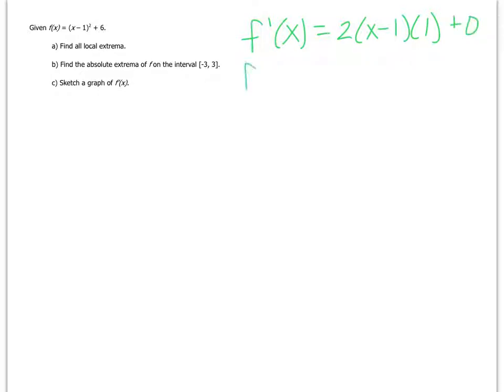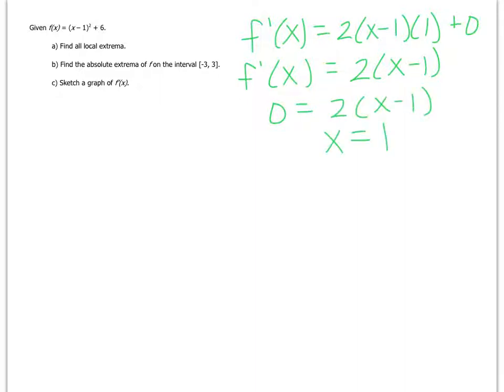So I can clean this up a little bit. So f prime of x is equal to 2 times (x minus 1). And I want to know when the derivative is equal to 0. So when 0 equals 2(x minus 1), I know that happens when x equals 1. This is never undefined, so I'm not going to have an undefined area to look at.